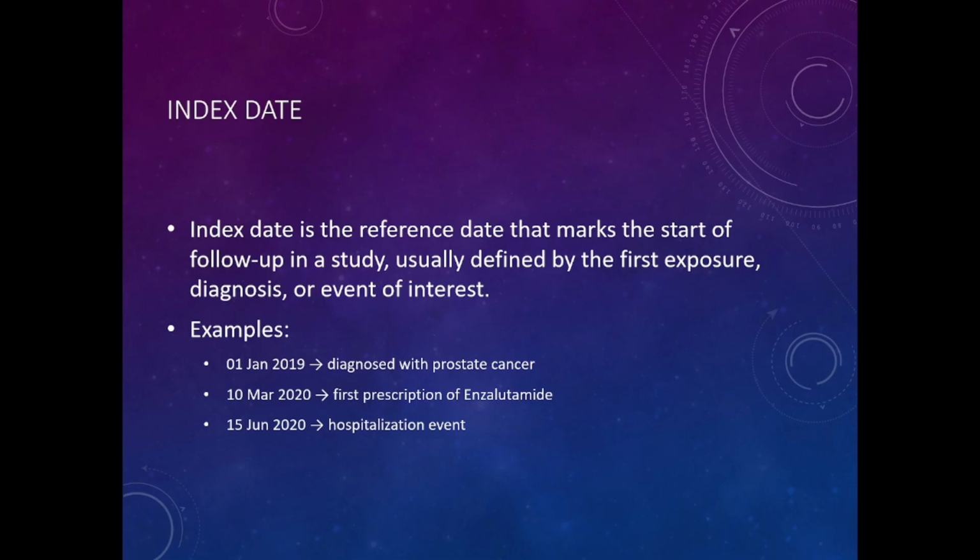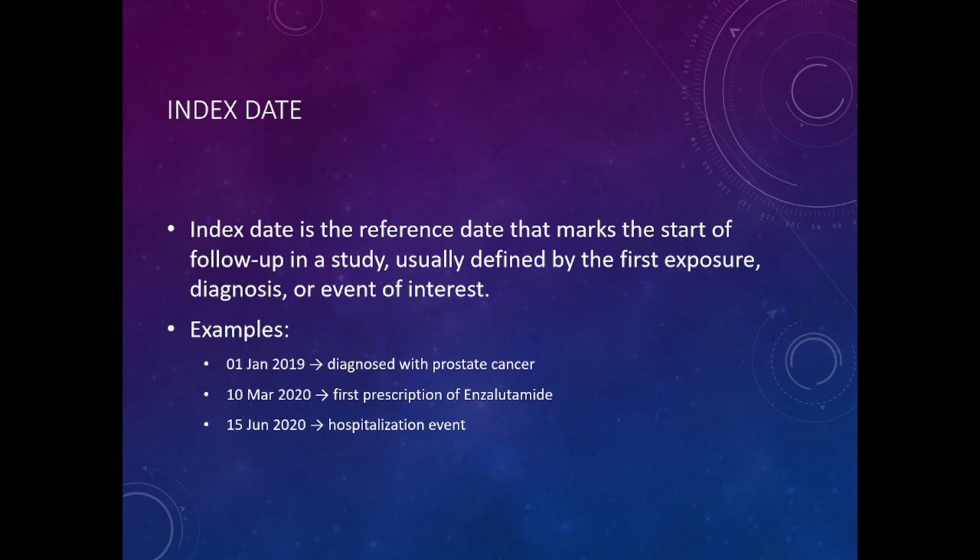a drug of interest. Let's say a pharmaceutical company has a drug and they want to see how the patients are doing after taking the drug. In that scenario, the drug start date will become the index date. There may be scenarios where a hospitalization event is seen as the index date, as the start of an event of interest.